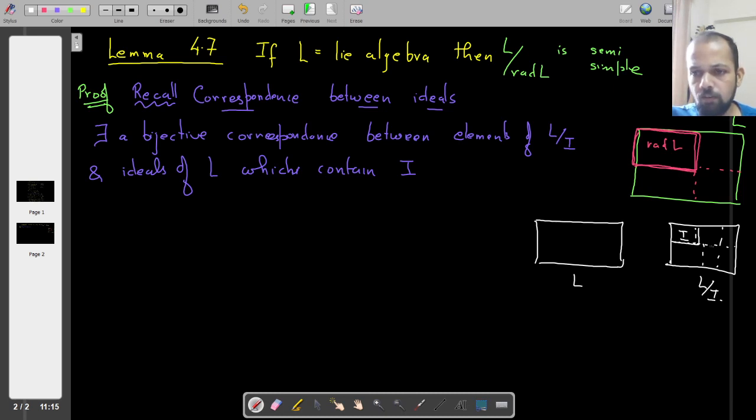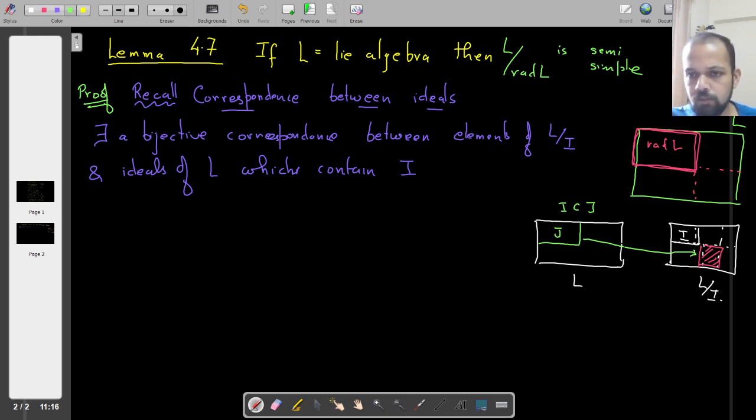If you take one of these elements of L by I, there is an ideal here, let's say J, which contains I, contained inside J. And what is that correspondence?